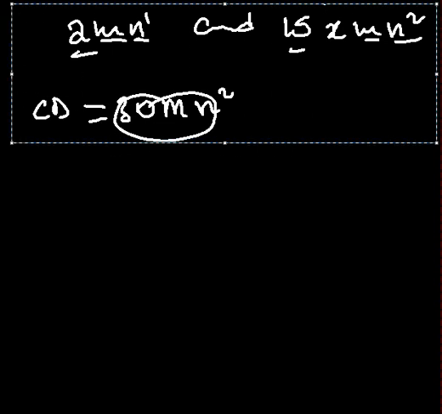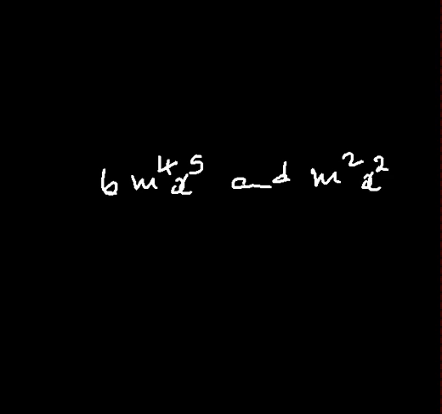How about if we have this? Let's say we have 6 m to the power 4 x to the power 5, and then m to the power 2, x to the power 2, and n. What do you think is the common denominator here? We have a number 6 and there's no number here, so there is a coefficient of one.